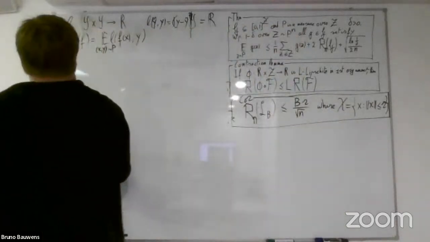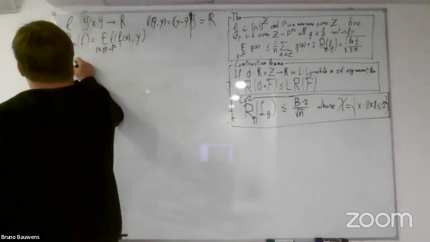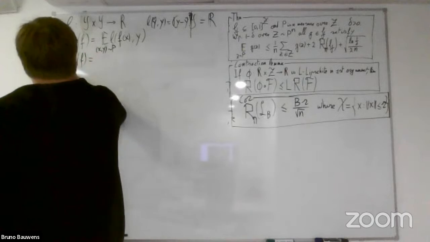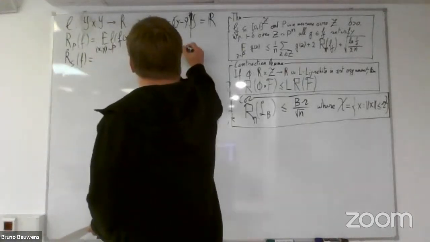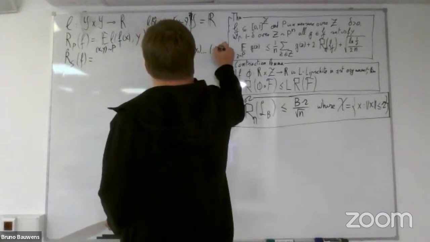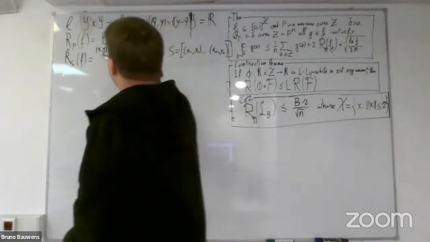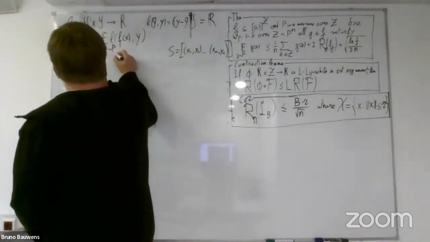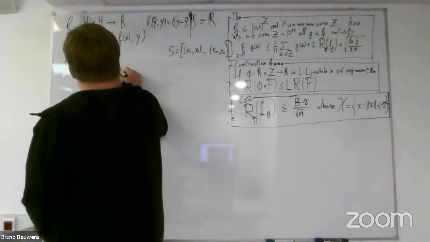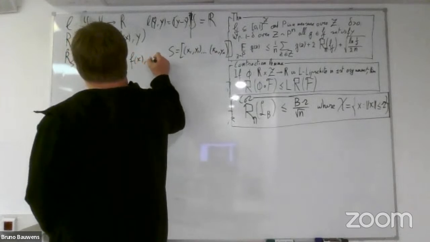Then the empirical risk is defined in a very similar way. Here S is a list of input-output pairs x1 y1 up to xn yn. It is just 1 over n times the sum over all items in the list of L of f of x and y.